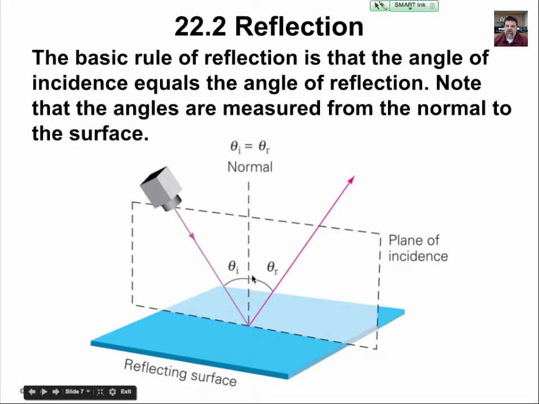I measure the angle from that normal line to the ray, and I call that the angle of incidence. For light, the angle of incidence is always equal to the angle of reflection on a smooth reflecting surface. So theta sub i should always be equal to theta sub r.